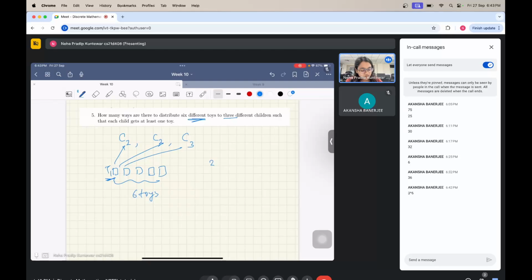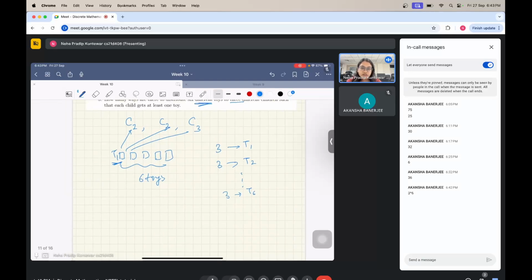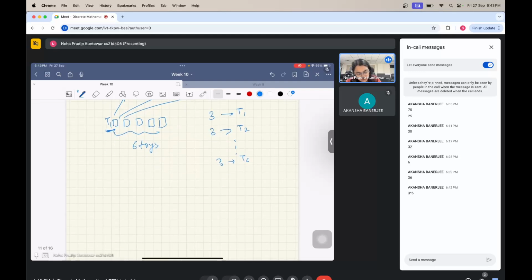Then there are 3 ways in which I can independently distribute the toy T2, T3, and so on. So this happens 6 times, and these are independent events. Therefore the total number of ways of distributing 6 toys to 3 children is 3 to the 6, like you mentioned.